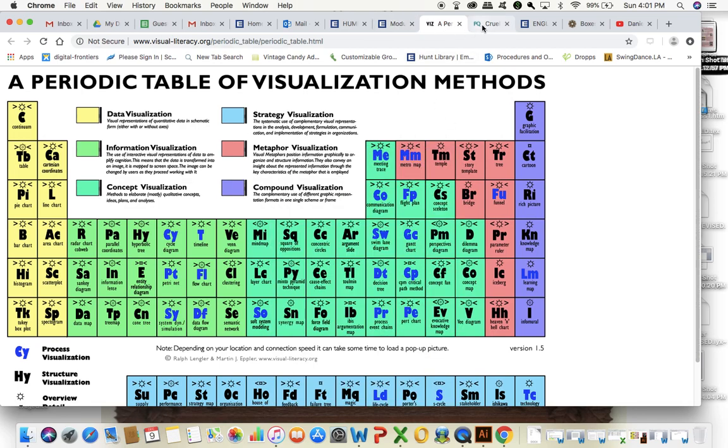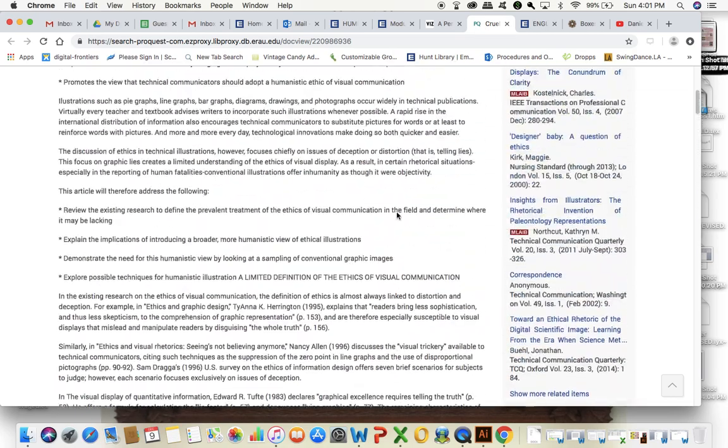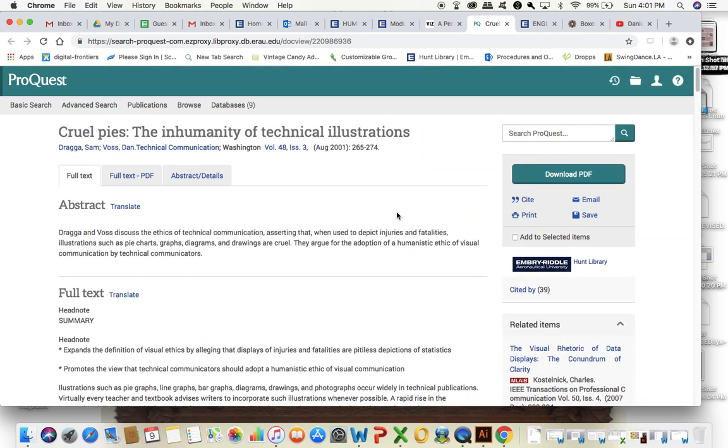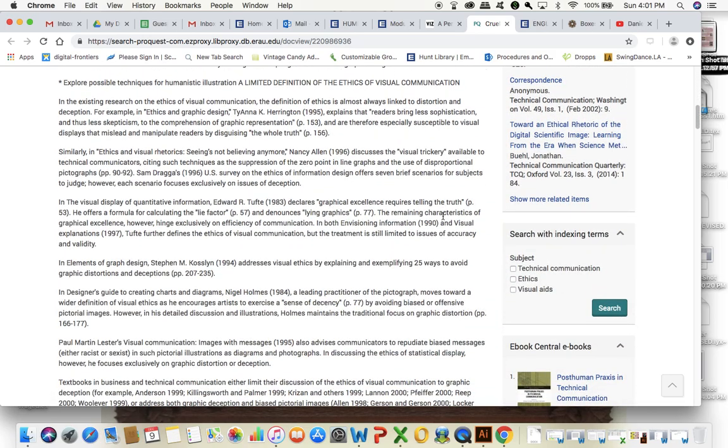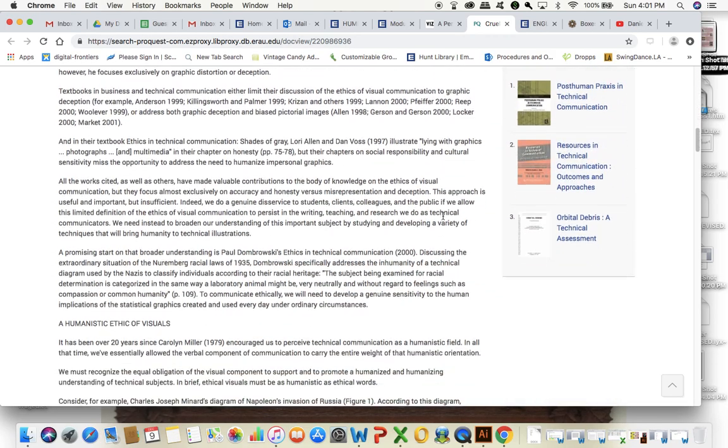And then the other thing is that you were asked to look at this scholarly article. This is a scholarly peer-reviewed article from Technical Communication, which is the name of the journal, and it's about cruel pies, this idea of ineffective visualization.